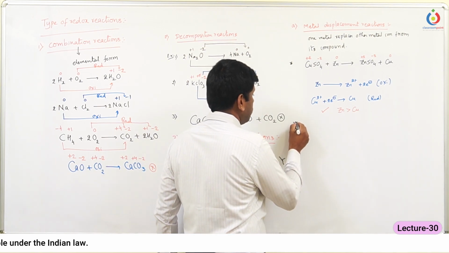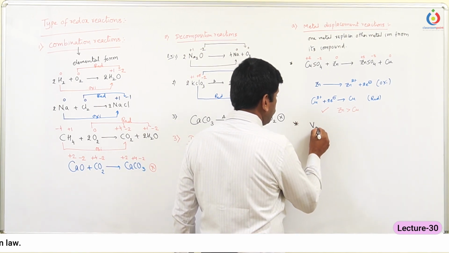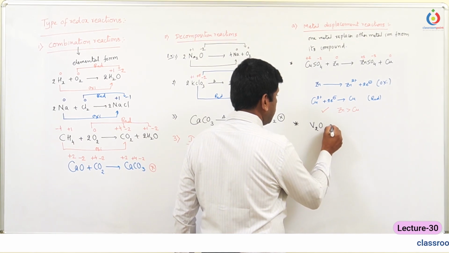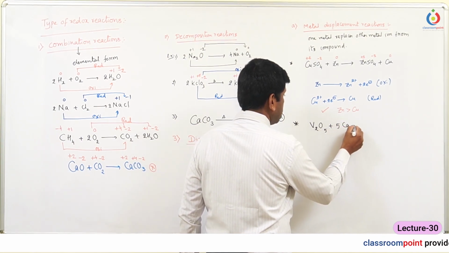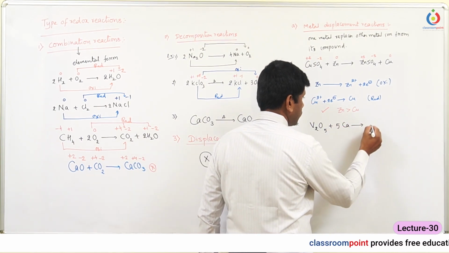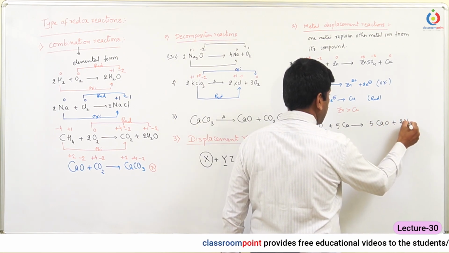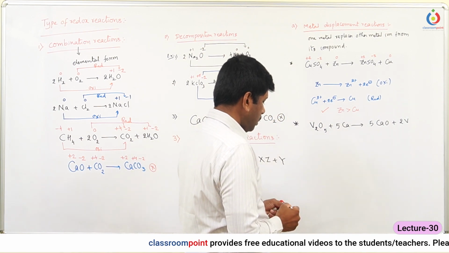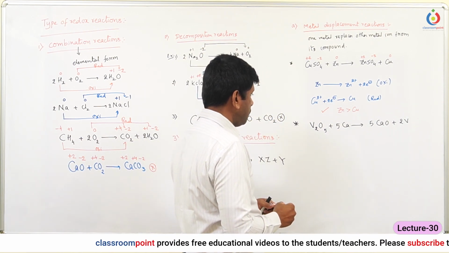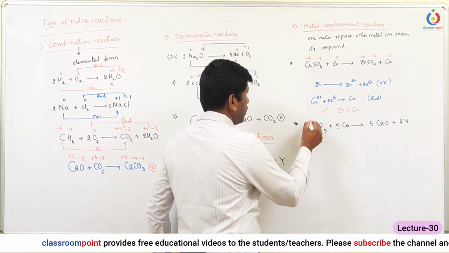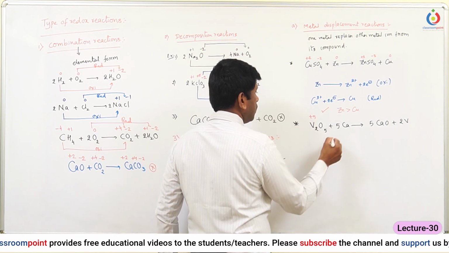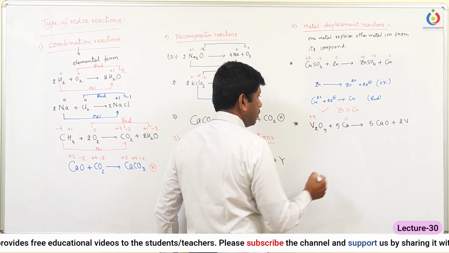Let us see the next example. V2O5, vanadium pentoxide, reacts with the calcium to give the calcium oxide plus vanadium. So oxidation states, if you see, vanadium oxidation state is +5, calcium oxidation state is 0.